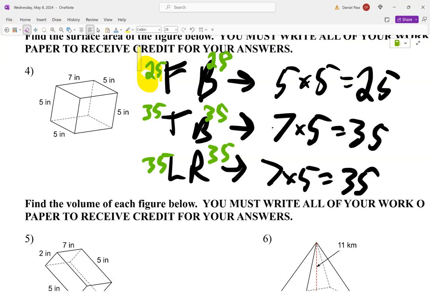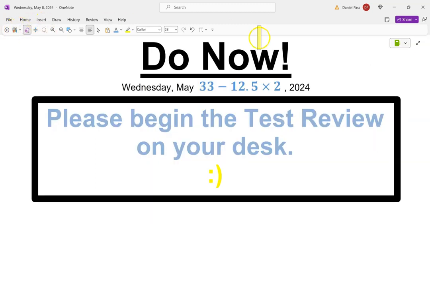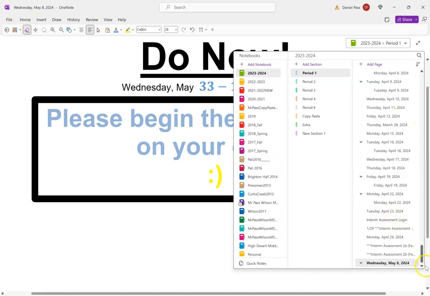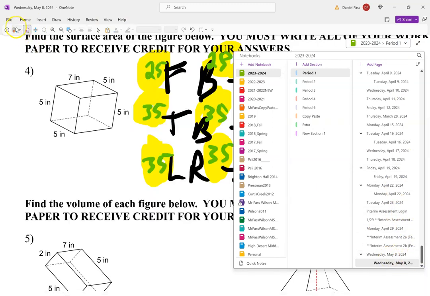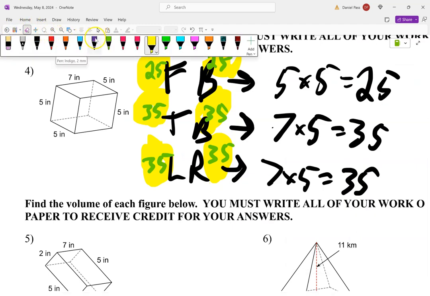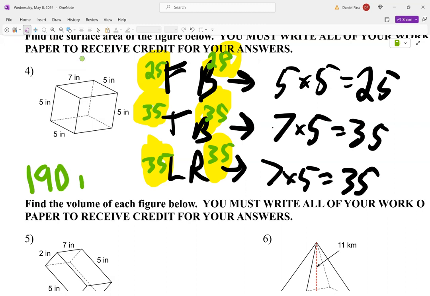So all I do is add these numbers together. And what do we get? Oops, I pushed the wrong button, sorry. I hate when that happens. Okay, there we go. You get 190. That's correct. So the answer is 190 inches squared.